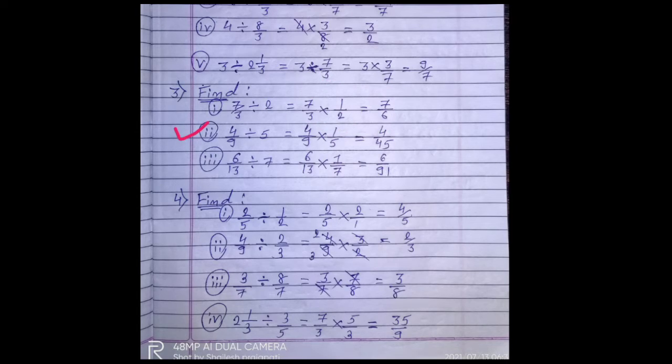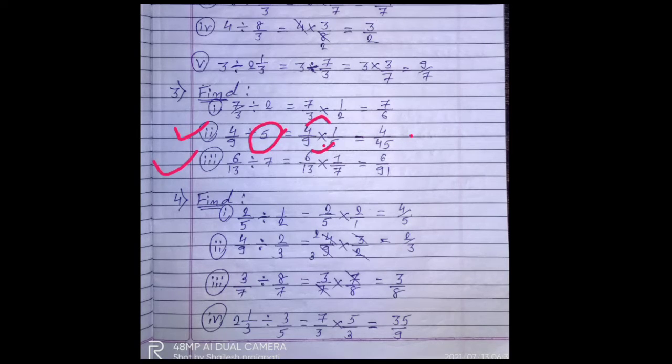Now same like that, second number, 4 upon 9 divided by 5. So 4 upon 9 multiplied by the reciprocal of 5, which is 1 upon 5. So afterward 4 upon 9 multiplied by 1 upon 5 gives 4 upon 45.